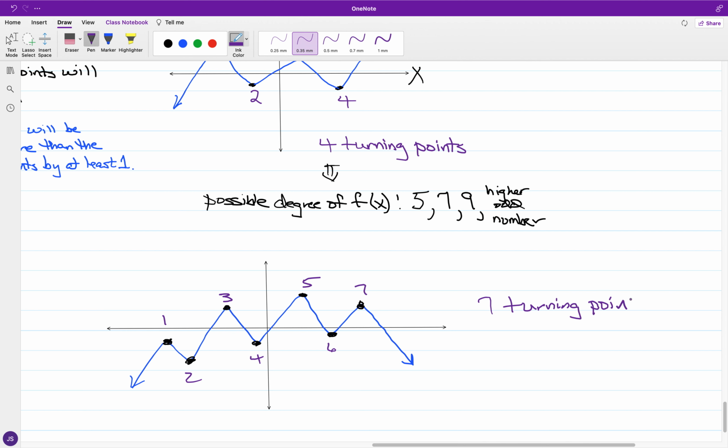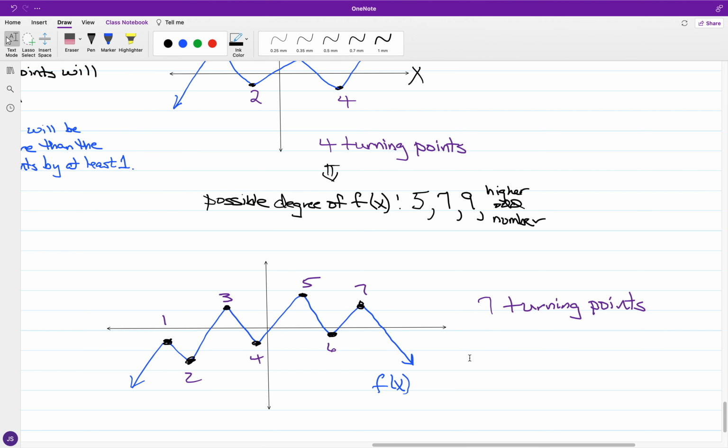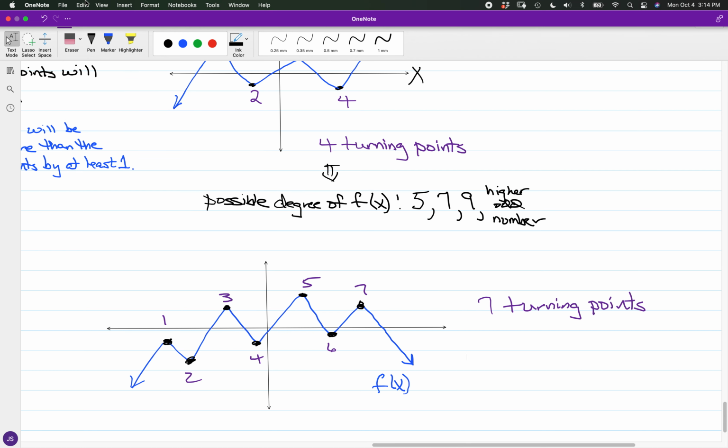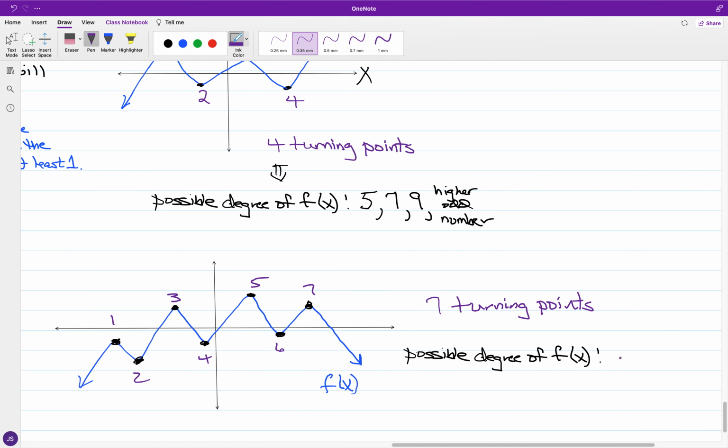And for the possible degree of this f of x, it's got 7 turning points, and again, the degree is more than the number of turning points, and the difference is going to be an odd value.